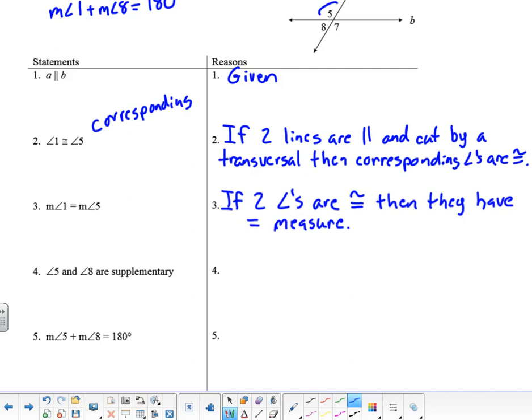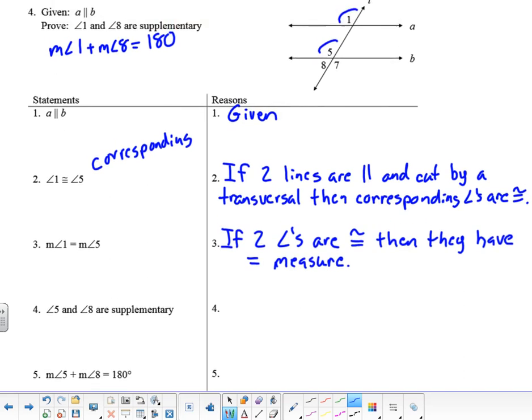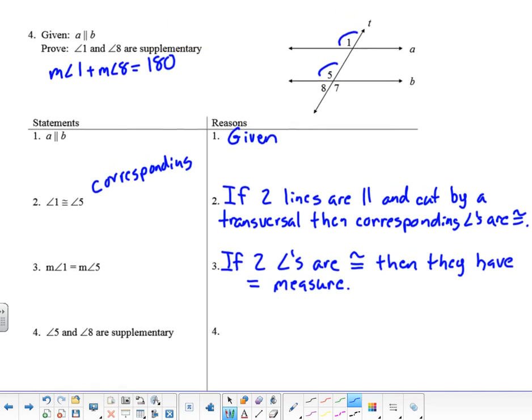All right, now we want to come back up here, and it says angle 5 and angle 8 are supplementary. Well, angle 5 and angle 8, that forms a linear pair. So what we need to recognize along here is that 5 and 8 are along this line right here, and that means that these two angles, that's a linear pair. And linear pairs are supplementary.